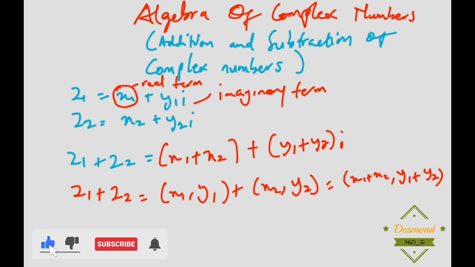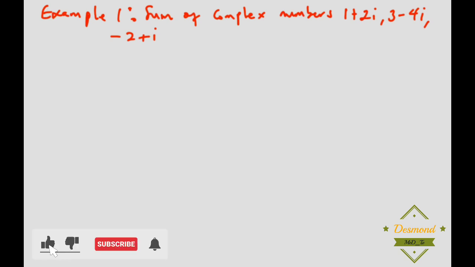Let's take an example. Let's say example 1, we have three complex numbers and they're asking us to add these complex numbers together. How do we do that? We know that we have 1 plus 2i, 3 minus 4i, minus 2 plus i. Let's add the real part.